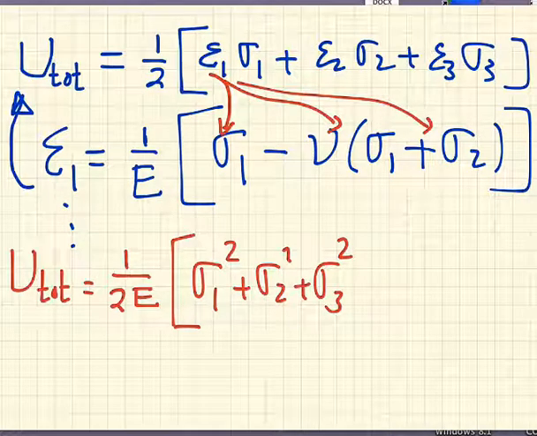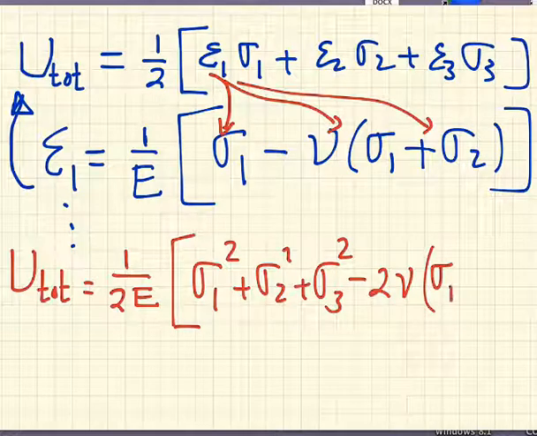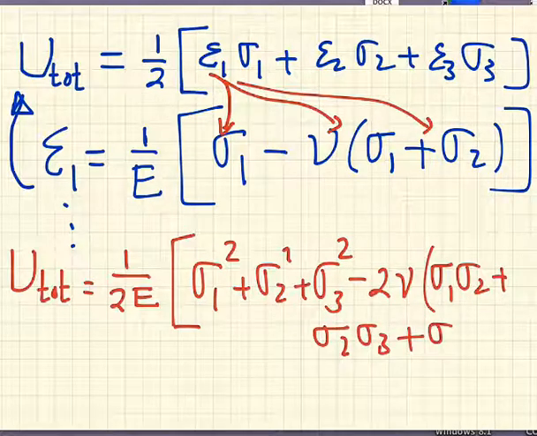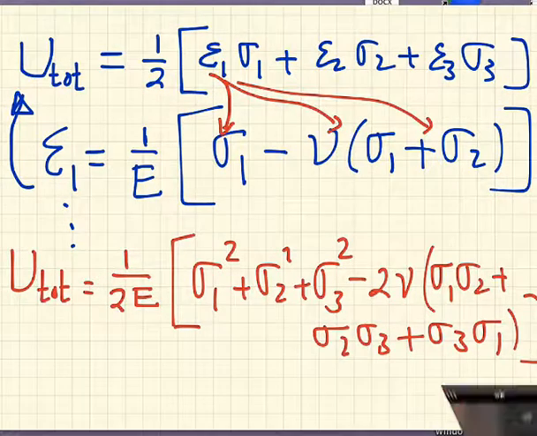But then you also have cross terms, and these cross terms can be rearranged to be 2 nu times sigma 1 sigma 2, and then you permute: sigma 2 sigma 3, and then sigma 3 sigma 1. That's the total energy stored in that cube.